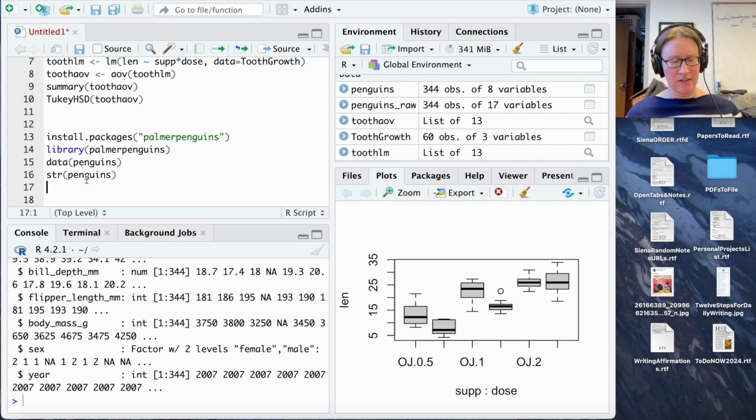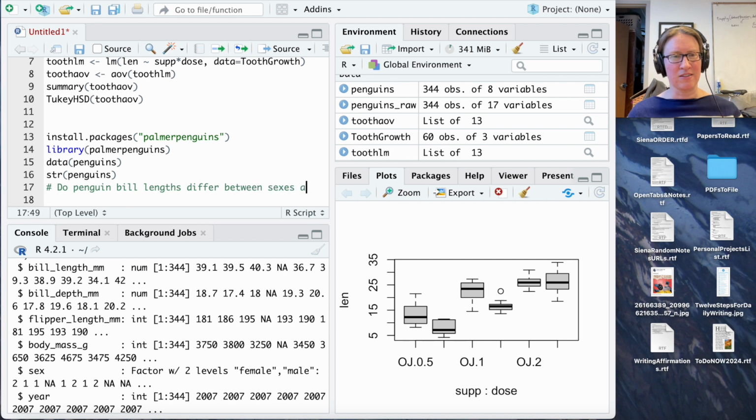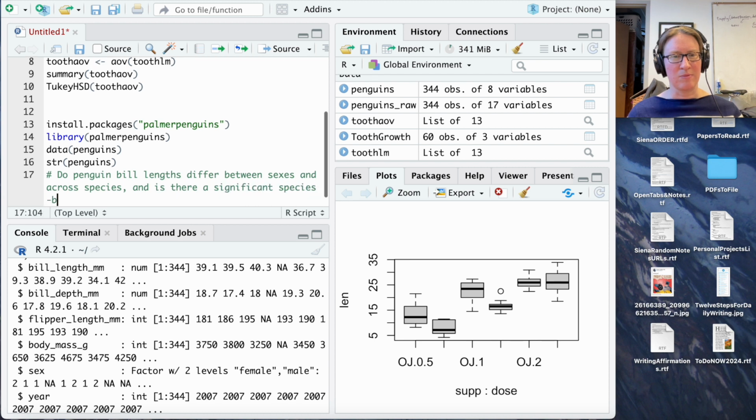So in this case, we're just going to evaluate a fairly simple question, one about size differences across species and between the 2 sexes. So I'm just going to add a comment to my code to remind me of what I'm doing. Do penguin bill lengths differ between sexes and across species? And is there a significant species by sex interaction?